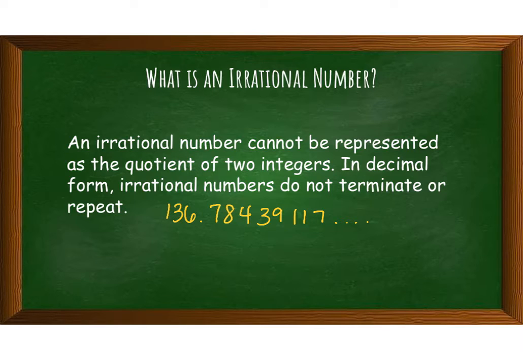That would be an example of an irrational number. Pi is an irrational number. 0.10101000. Even though there's a pattern here, it's not repeating, so this would be an irrational number. It's basically numbers that are not very nice, okay? All right.